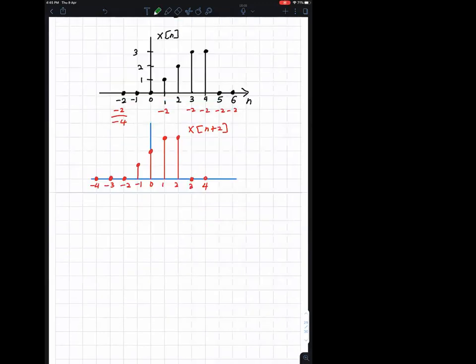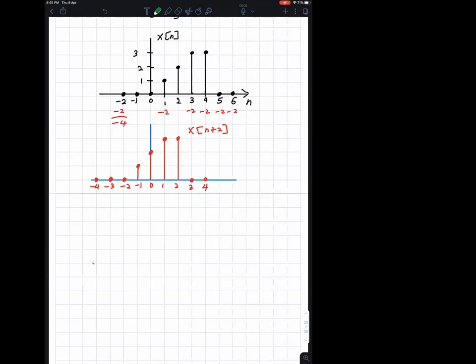Now from here, if you want to do, somebody turn on the mic. Okay, now if you want to do x of minus n plus 2, all you have to do is flip around this, right? Flip. So when you flip, what do you get?